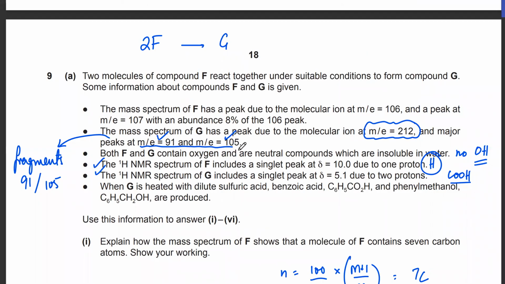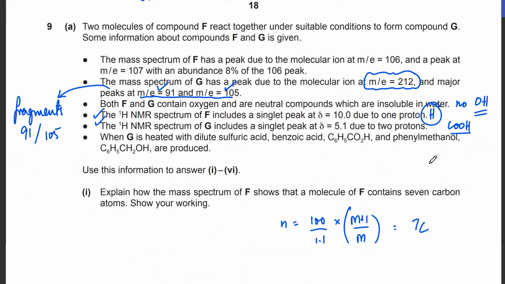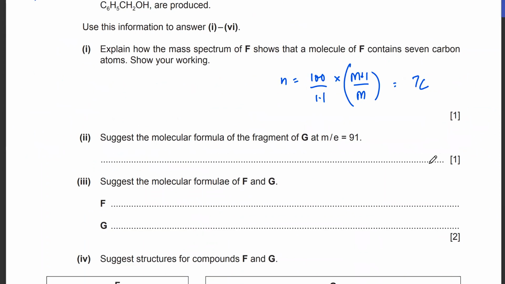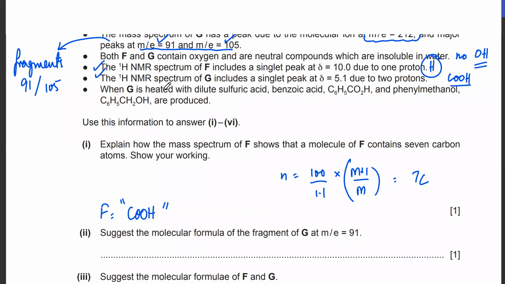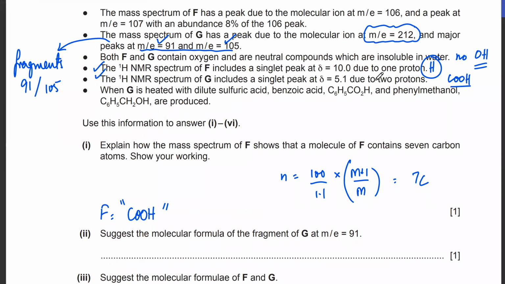So the H NMR spectrum of F includes a singlet peak at 10 due to 1 proton, so that has to be a carboxylic acid. So we know that F is a carboxylic acid. Is this clear? The hydrogen proton is resonating at 10. We figured that out from the data booklet.